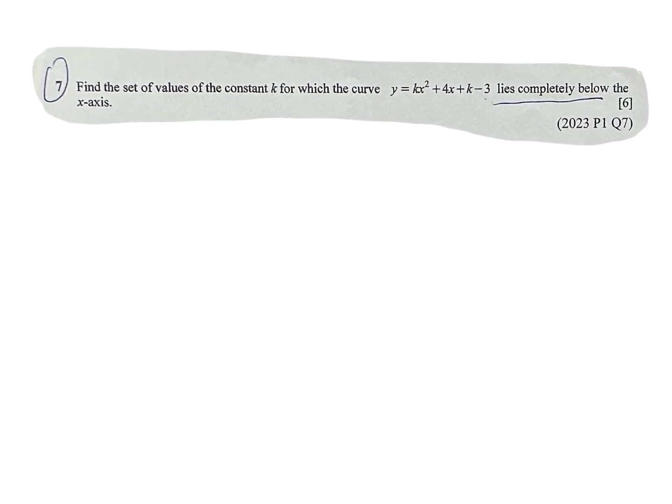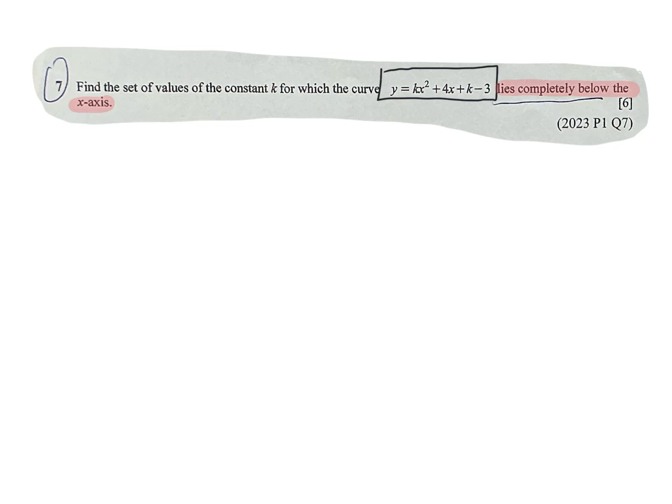Okay, I want to find the set of values for which the curve lies completely above the x-axis. So we all know that a curve can only lie above the x-axis if it is a minimum curve. Sorry? That means, did we do wrongly yesterday?